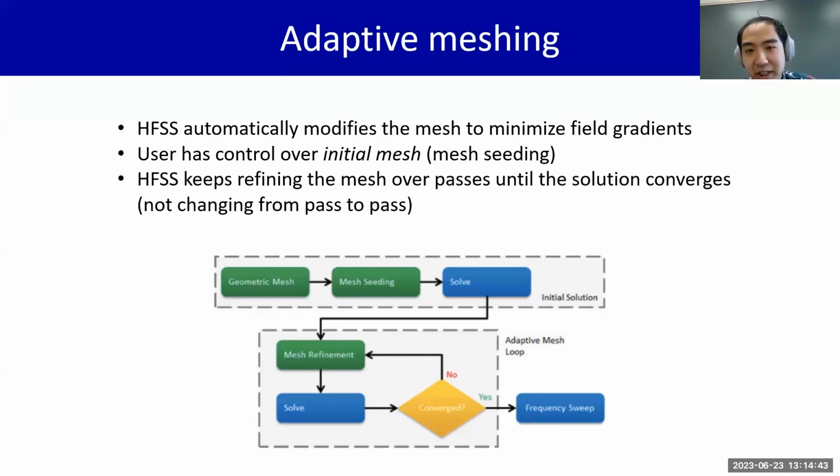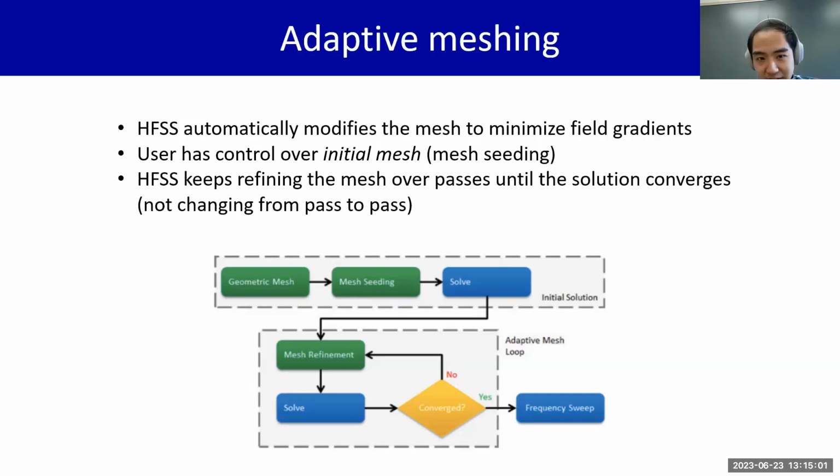It refines the mesh where the solution changes from pass to pass until it converges, until it's no longer changing. And then that gives the final solution. So this adaptive meshing process is very, very powerful.